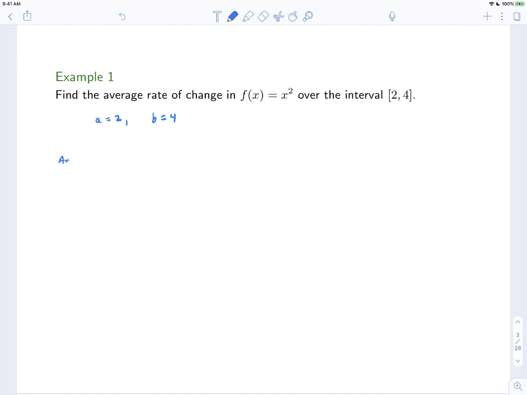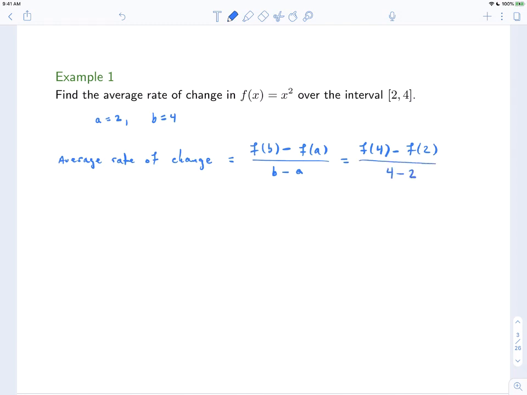So the average rate of change is equal to the difference of the outputs, f of b minus f at a, divided by the difference of the inputs, b minus a. So in this case, that's f at 4 minus f at 2 divided by 4 minus 2.